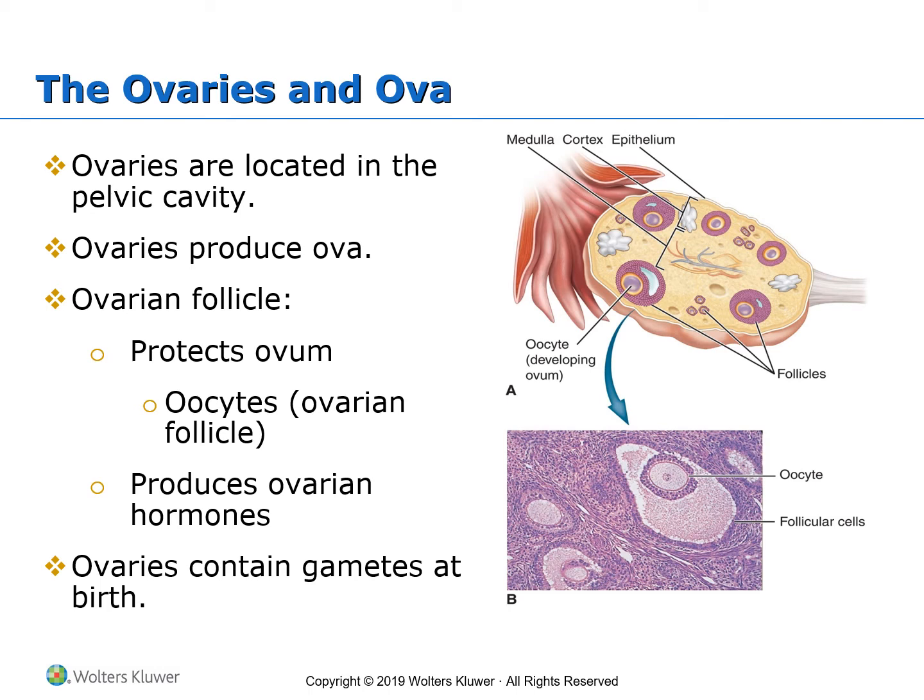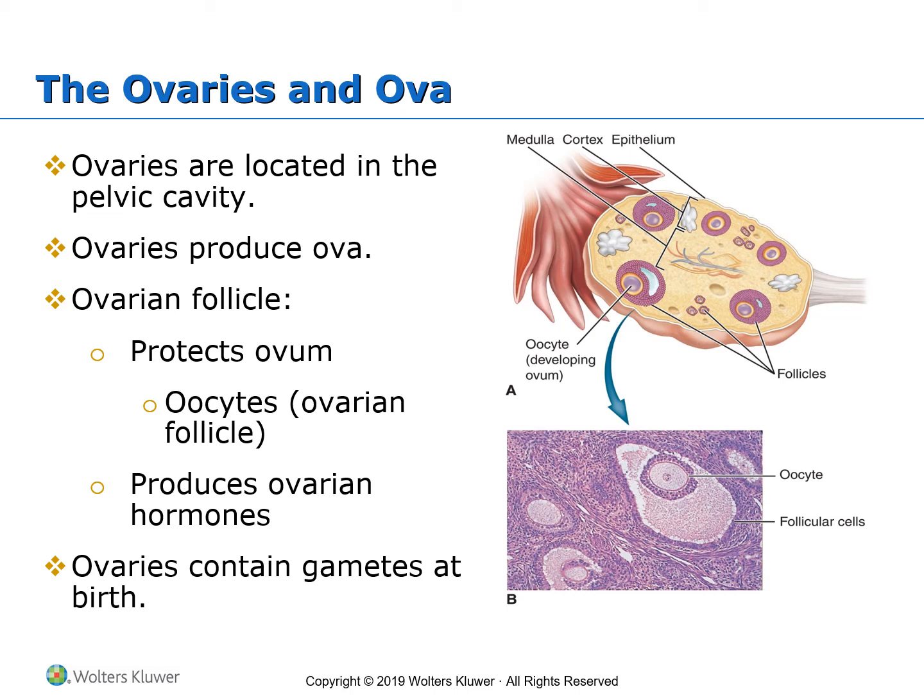They are held in place by ligaments, the ovarian ligaments and the broad ligaments that attach them both to the uterus and to the abdominal wall. The outside layer of the ovary is a single layered epithelium, and the ova, the eggs, are produced just beneath this layer.